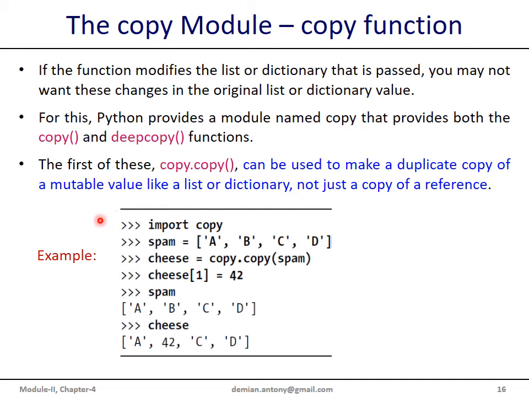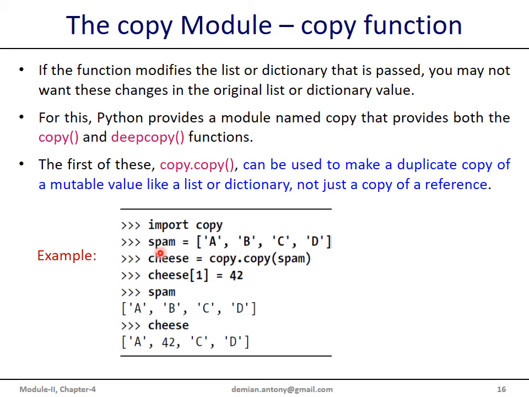Let us take up the example. First, we need to import the copy module, import copy, and we have a list spam with 4 elements, A B C D. We want to create a copy of this list, and we can do this by assigning spam to another variable. The problem is we are not getting a separate copy, we are getting another reference, something like an alias to a variable or an object.